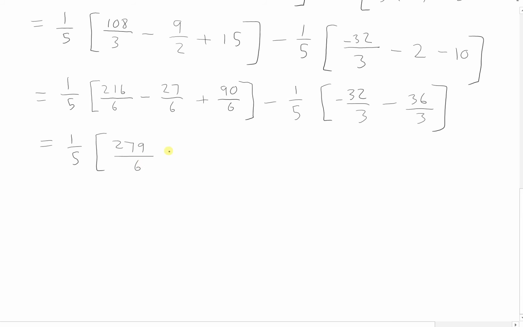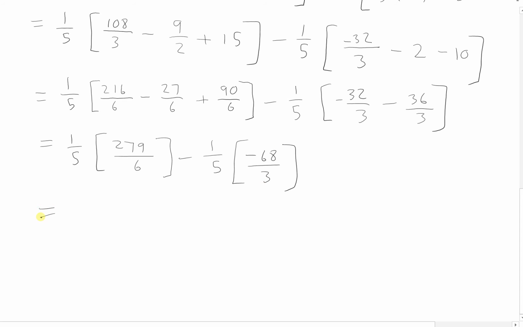Okay, that's going to be minus 1 over 5. And what we have here is negative 32 minus 36, which is negative 68 over 3.